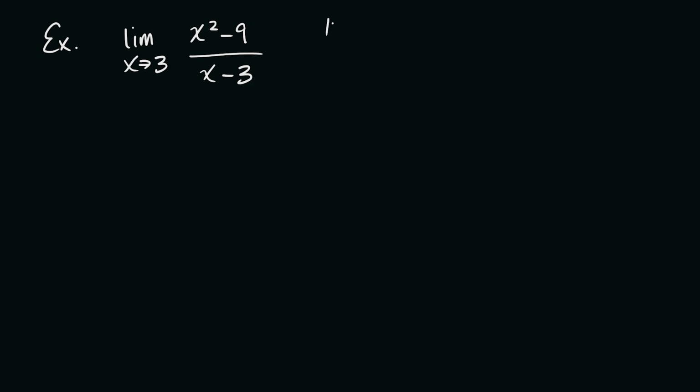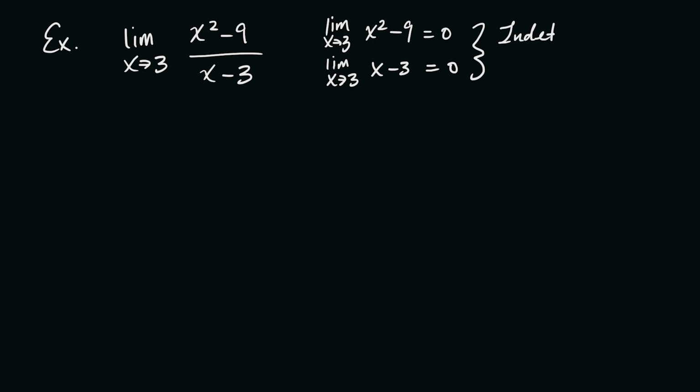The limit as x is approaching 3 of x squared minus 9 is equal to 0. And on the bottom, the limit as x is approaching 3 of x minus 3 equal to 0. We write the curly brackets here, and write indeterminate form of 0 over 0.